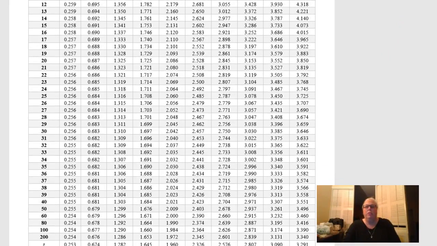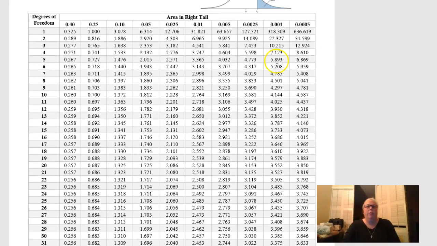It's got a lot of values in here, but you'll notice over here on the left we have degrees of freedom, and we'll talk about that after a while. And then up here at the top we've got some percentages, and this is going to be the area in the right tail.